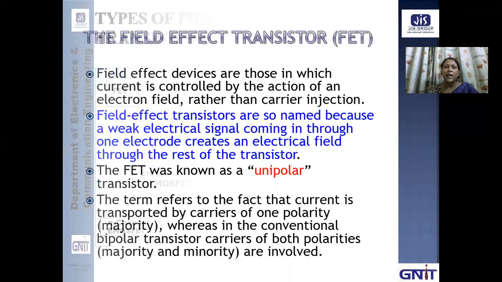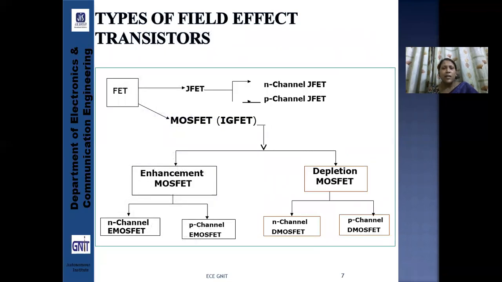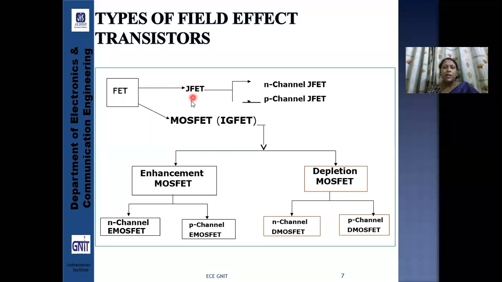Moving to our next slide. Let us have a look at the types of field effect transistors. Field effect transistors can be classified as JFET and MOSFET. JFET is junction field effect transistor.